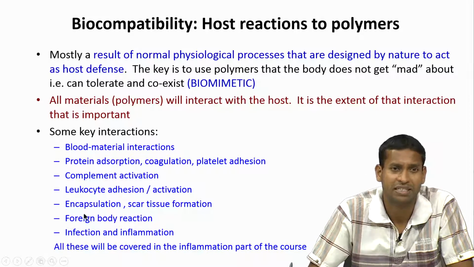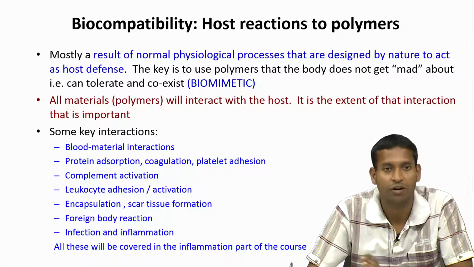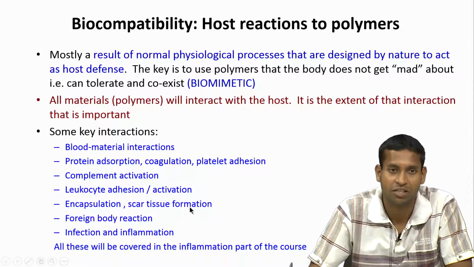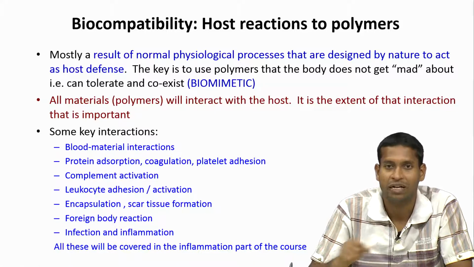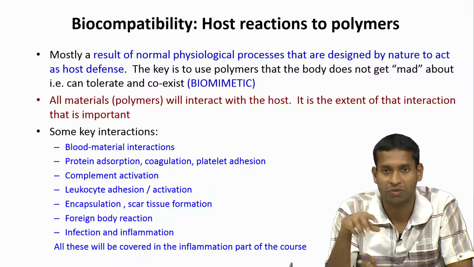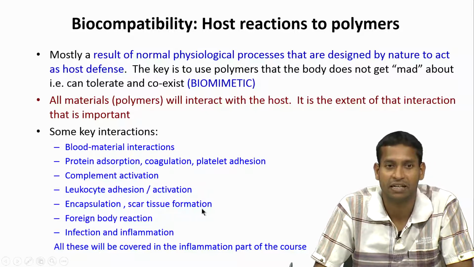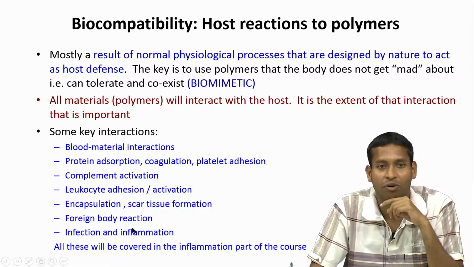Sometimes the body does not like the material and wants to completely wall it off, and that is called encapsulation or scar tissue. If the body can't clear it by itself, it will surround it with lots and lots of proteins and cells, and essentially isolate it from the rest of the body. That is called encapsulation, or foreign body reaction, which is an advanced stage of that.